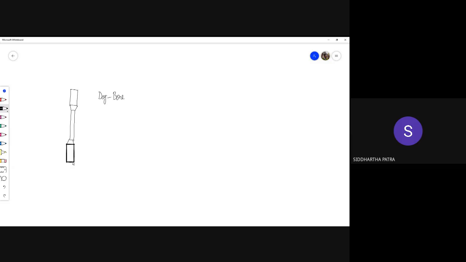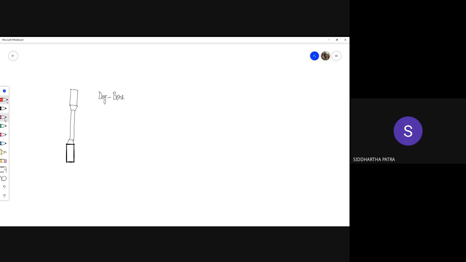The thicker regions are not actually as thick, but just for the sake of representation, I'm doing this. Imagine this portion is a cylindrical portion, this portion is a cylindrical portion, and then this portion is a conical portion, a taper that is happening right there. Now, what is the point of making such a specimen?